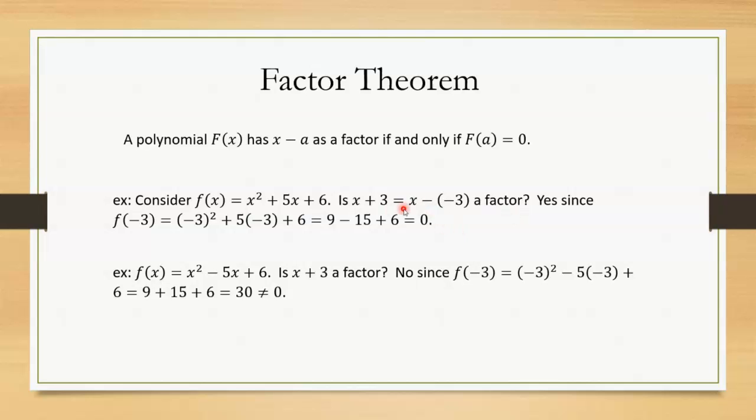So yeah, x minus negative 3, that is x plus 3, is a factor of this. I mean, you already know that by just using what we've learned earlier in the course. What about this, though? Well, it's the same method, actually. Again, you just do f of negative 3. You don't get 0 here, you get 30, so the answer is no. So this is not a factor of this here.